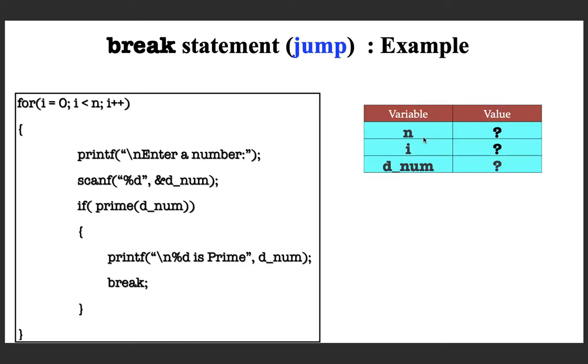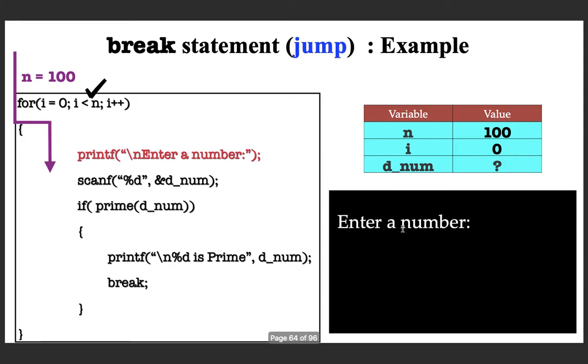Given this example, these are the variables n, I, and denom. All are undefined. Now suppose the execution comes here with the value of n as 100. You know that when you go to the for, expression 1 is getting executed first, so I becomes 0. Then the condition: 0 is less than 100. Yes, it is true. So it gets inside.